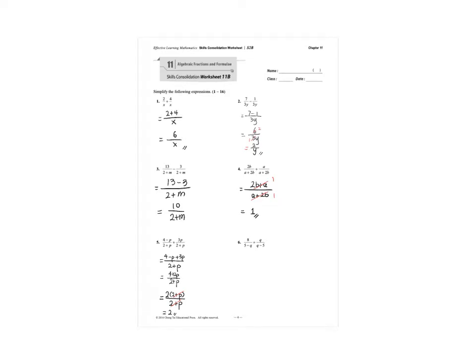Okay, but this one, just like factorization, you reverse the order, so you have this one, and then you can group them together, and that's it here. So for this one, you can see that the denominator is different, but you can change it easily by changing the sign, okay, into this.